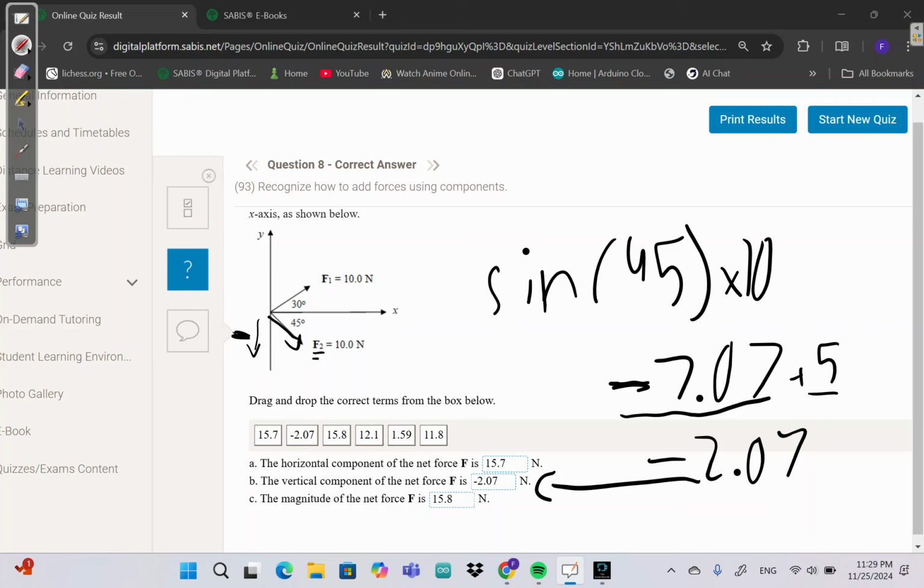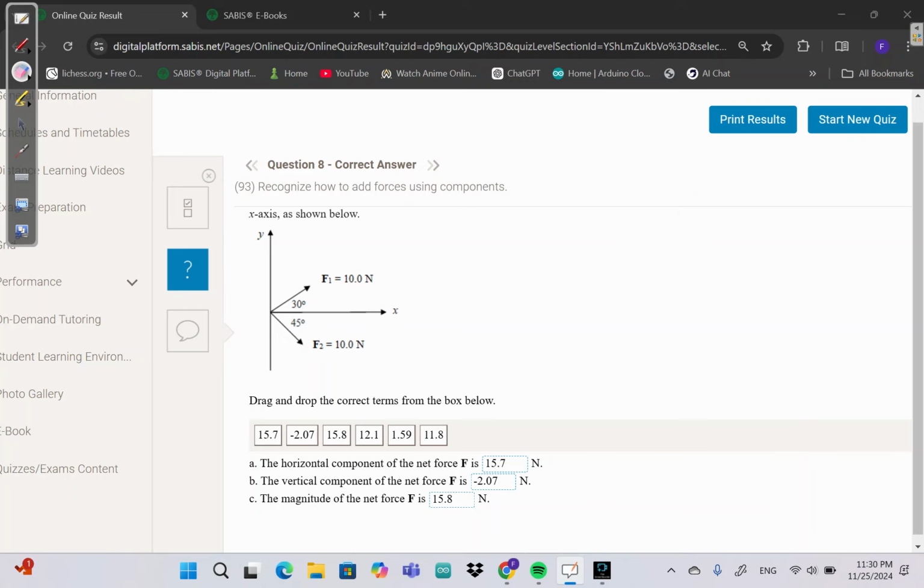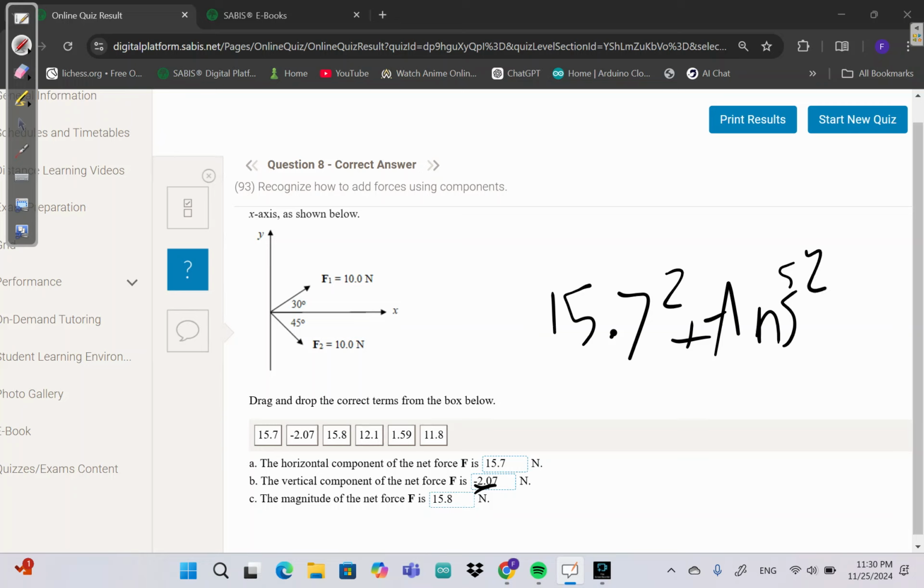Now for the third one, the magnitude of the net force, we said that we use the Pythagorean theorem. So it's going to be 15.7 squared plus the answer that we just got. I prefer you put on the calculator 15.7 squared plus answer squared, since we have a lot of decimals after the second one, this negative 2.07. So plus answer squared, which is negative 2.07.